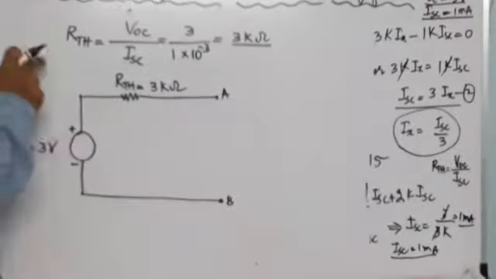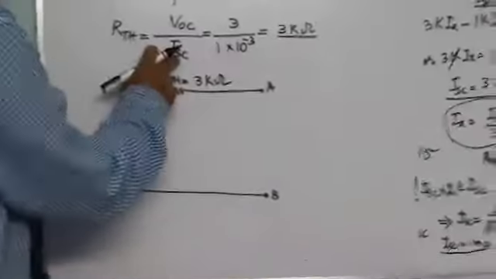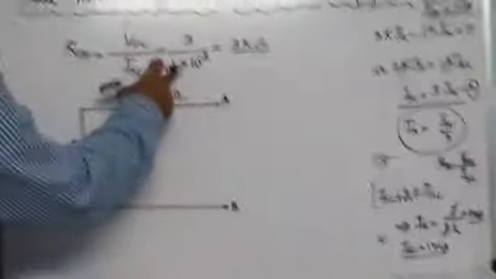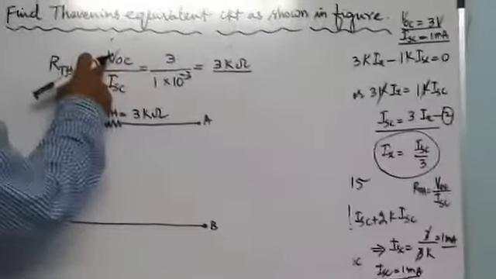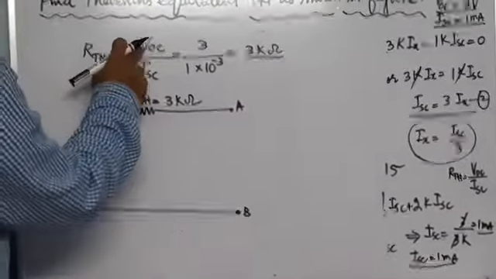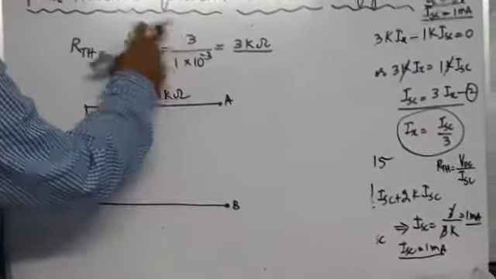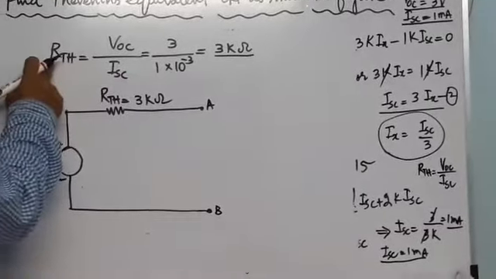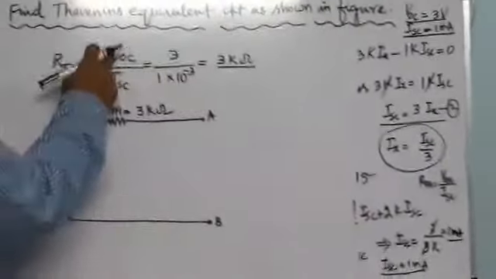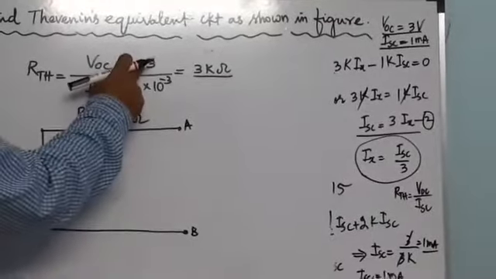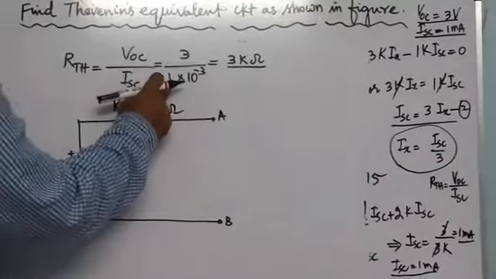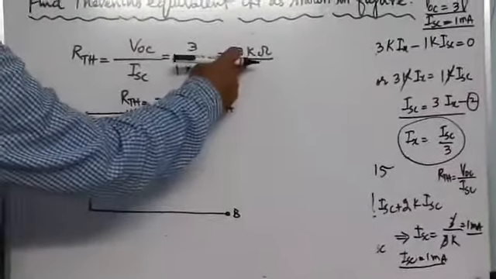From the previous data, Isc is 1 milliampere. VOC is nothing but Thevenin's voltage, that is 3 volts. So RTH, Thevenin's equivalent resistance, is equal to VOC by Isc, that is 1 milliampere. So it becomes 3 kilo.